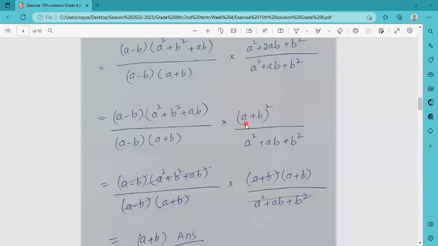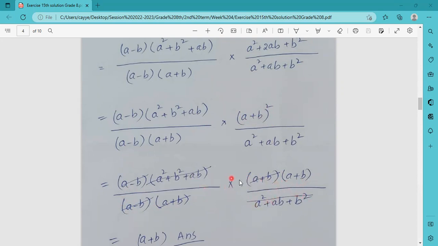Now cancel the same algebraic expressions. A minus b will be cancelled by a minus b. A plus b will be cancelled by a plus b. And because there is a square, we can write a plus b into a plus b. So cancel this.